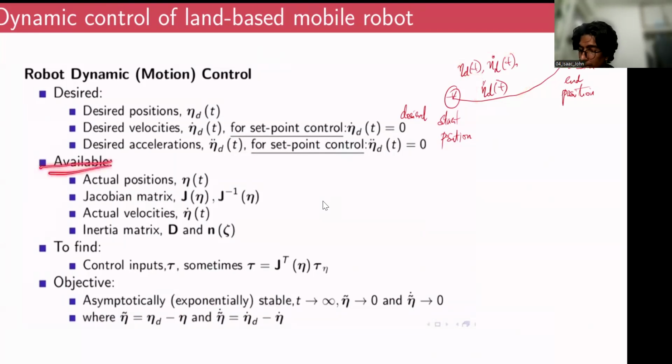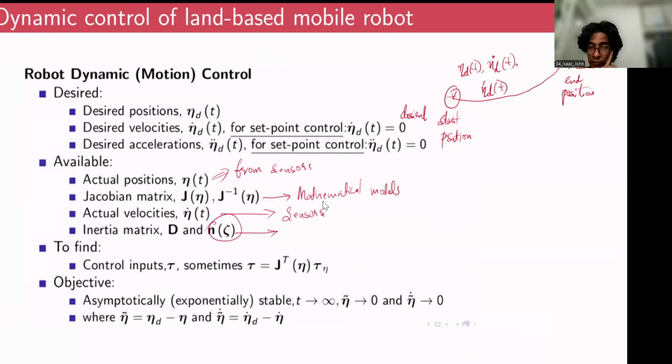And from the mathematical models, we have the actual position. These actual positions are obtained from the sensors. We have the Jacobian models from the mathematical models. And we have the actual velocities. Again, these are from the sensors. And the inertia matrix and the vector of centrifugal and Coriolis effects are also available from the mathematical models.